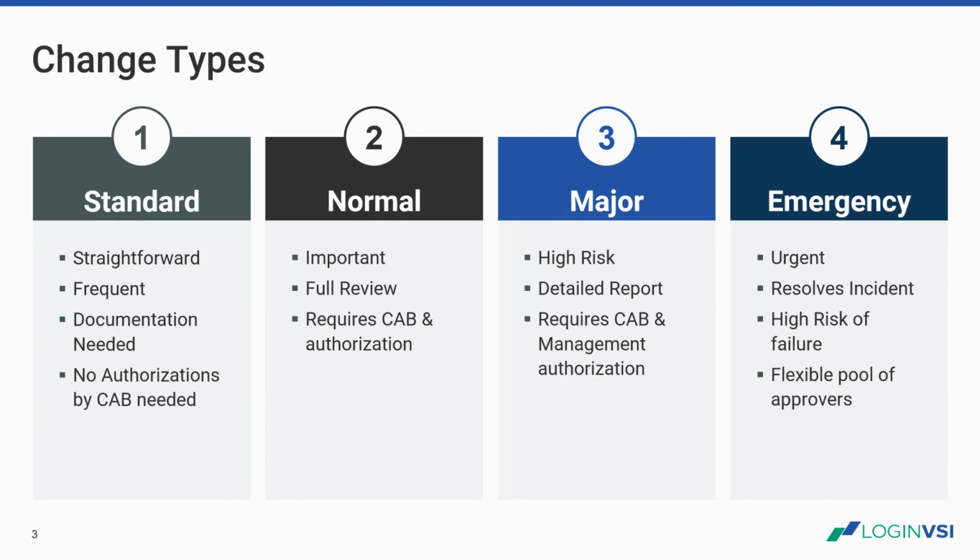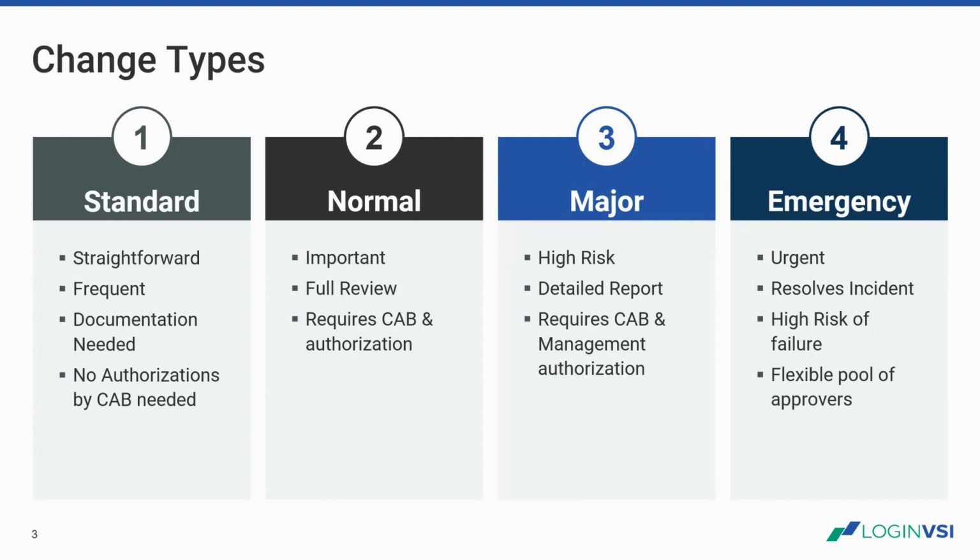Next, we have normal changes, important. They do require a full review, requires CAB and authorization. And so this is just the CAB team, a subset of individuals to take a look at the risk and assess any potential impact.